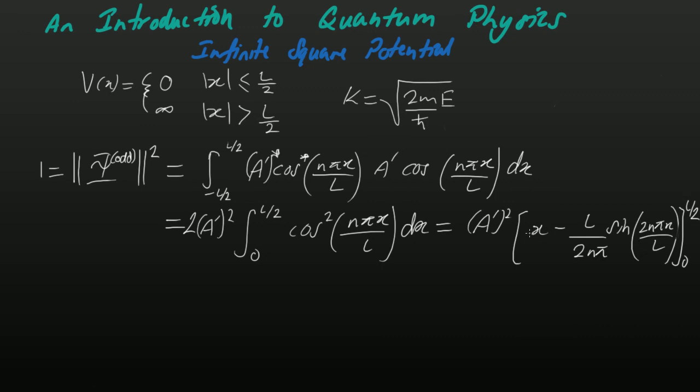So we're just left with an L on 2, so we find this equals A prime squared L on 2. And again, so we find A prime equals the square root of 2 on L. Wow, that's just like before. And similarly for the other one, for even, we'll find that A double prime is the same.